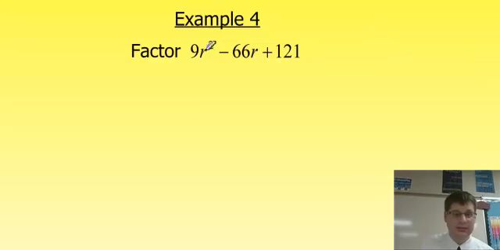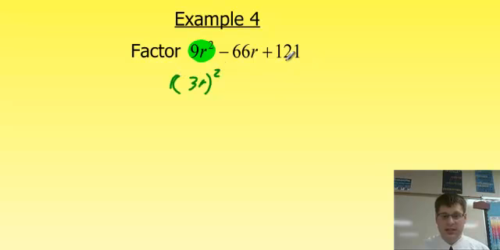So the first term, is that a perfect square? Sure is. That's just 3r squared. And then, is this a perfect square? Sure, that's just 11 squared. Now you can do this mentally as well, but I'm just writing it out for the sake of seeing this. Then this middle term here needs to be 2 times a times b.